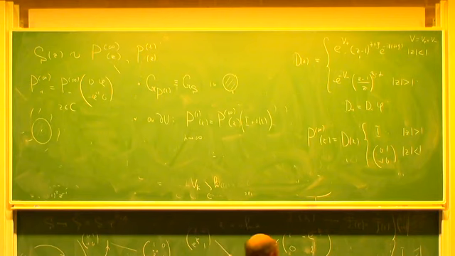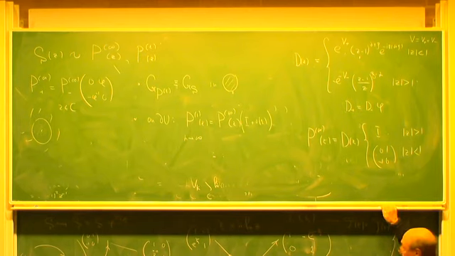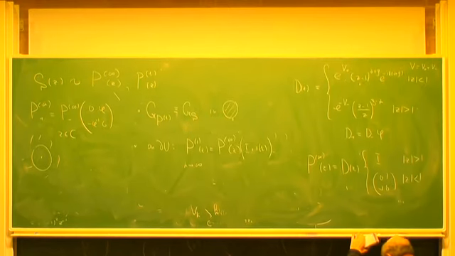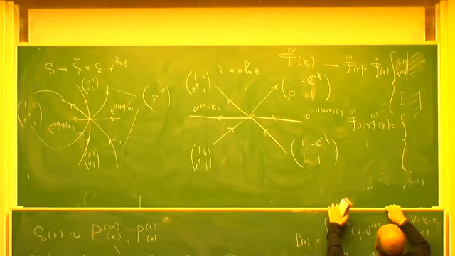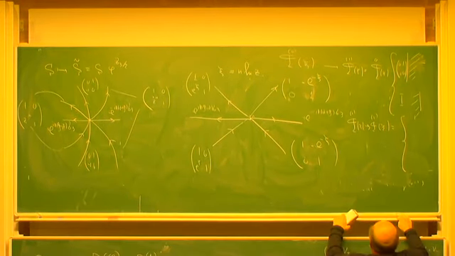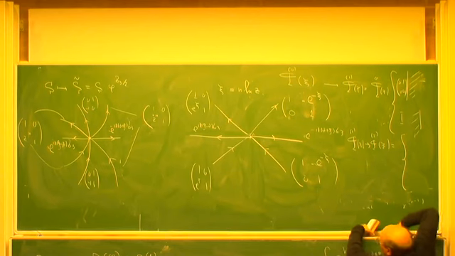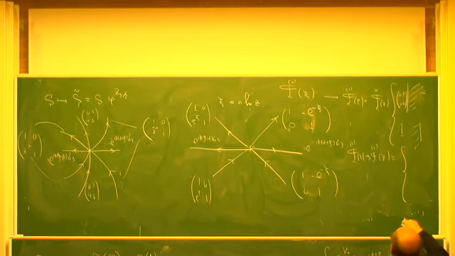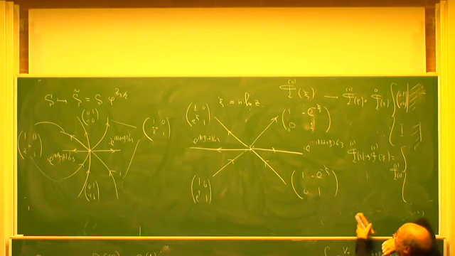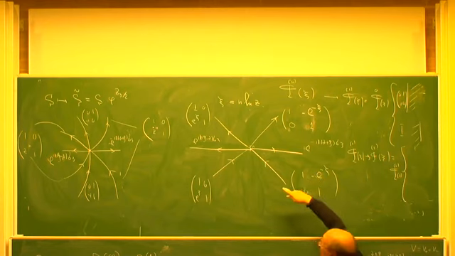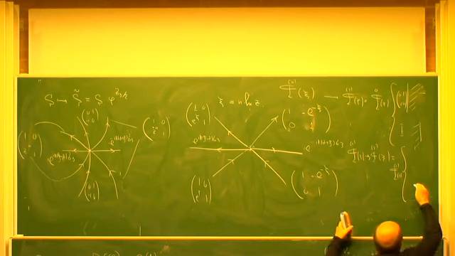More exactly, I introduce phi 2, which is phi 1 times this matrix on the whole quadrant.